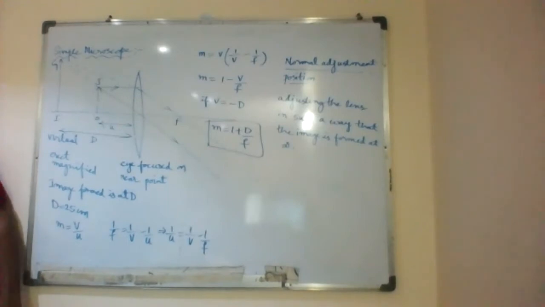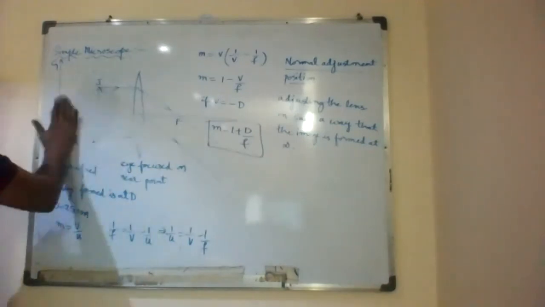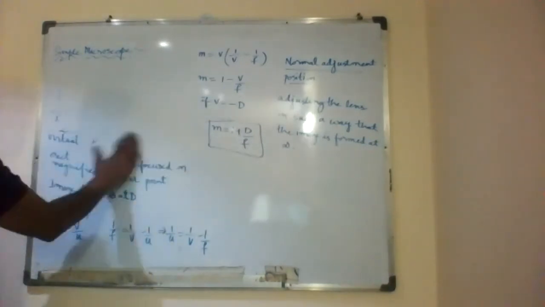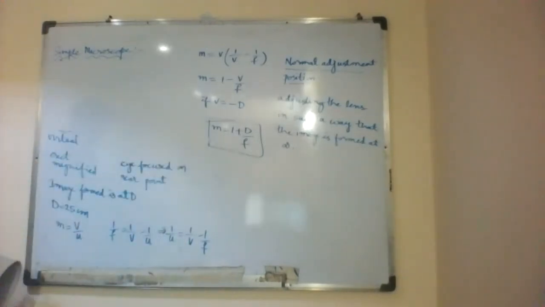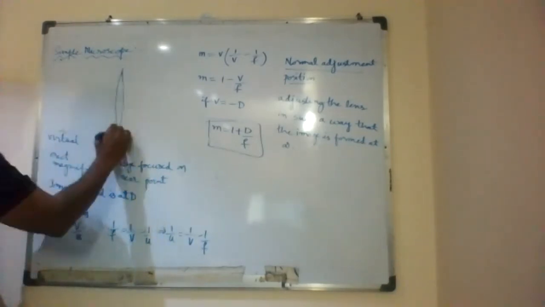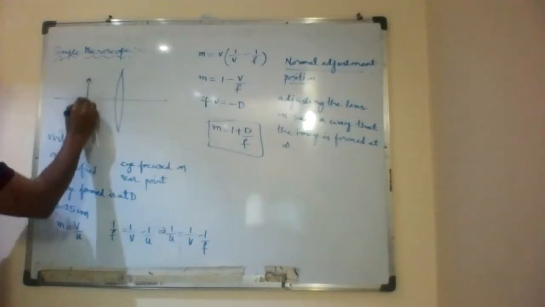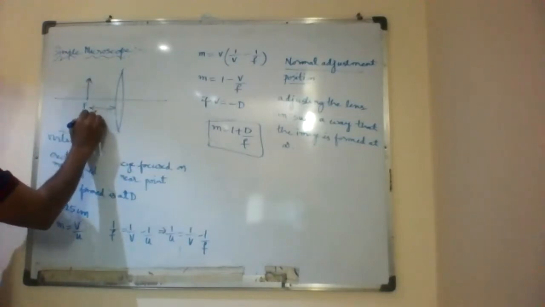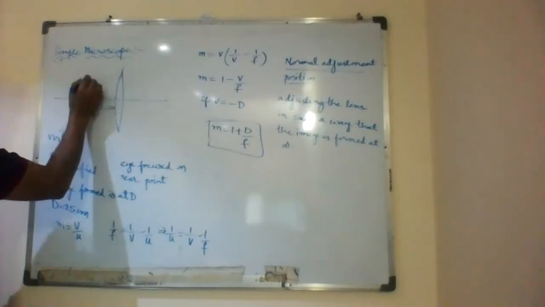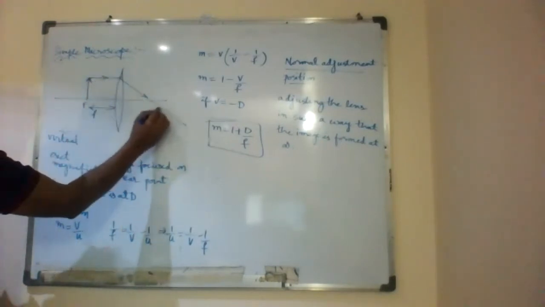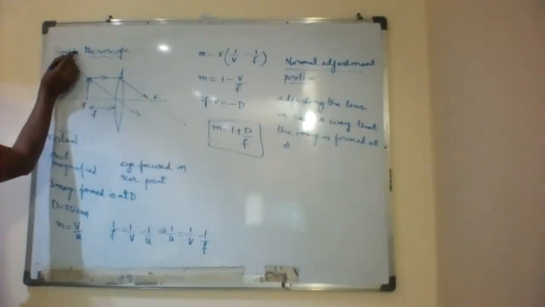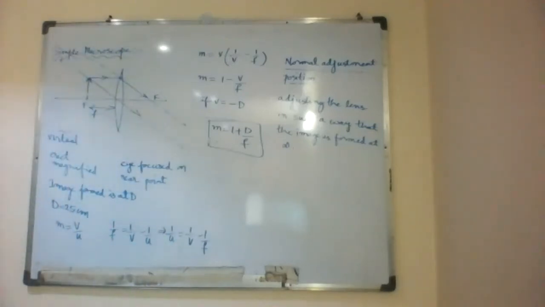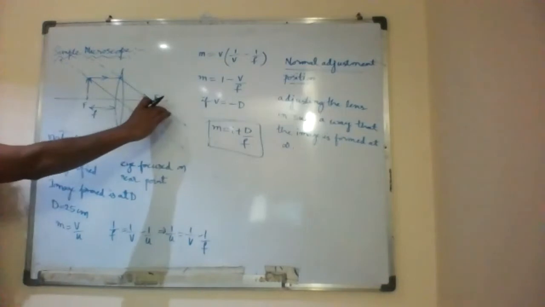Okay, now the normal adjustment question, we go with that. Suppose the object is at the focal point, what will happen? This is passing through the focal point, so these rays will become parallel.